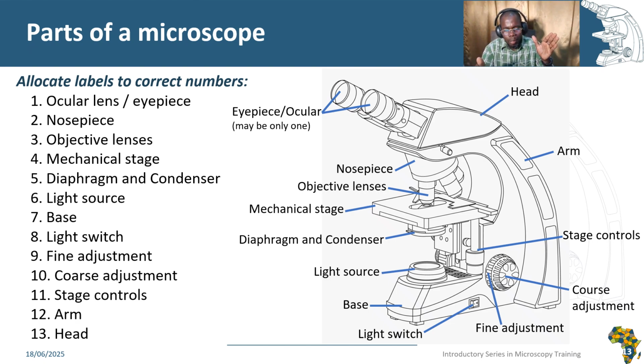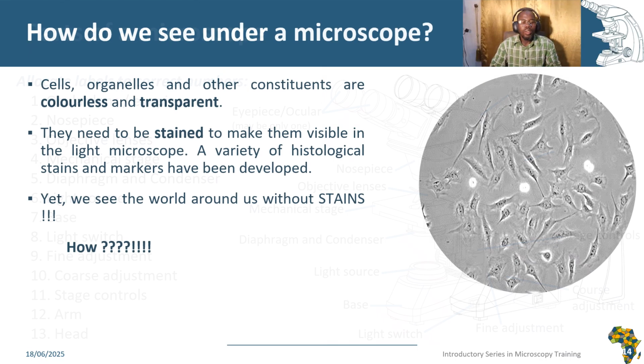And lastly, the stage control is responsible for moving the slide to and fro, left and right. Overusing coarse adjustment knob on higher power will crack the slide. So it is important to know these parts of a microscope for correct usage and prevention of damage.